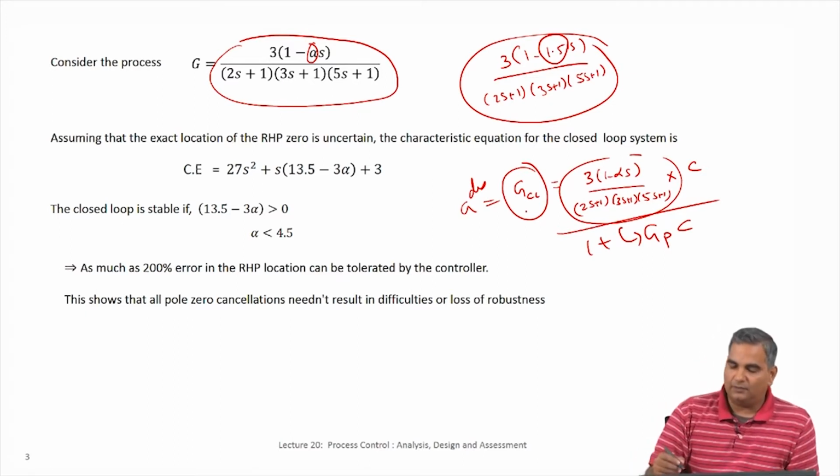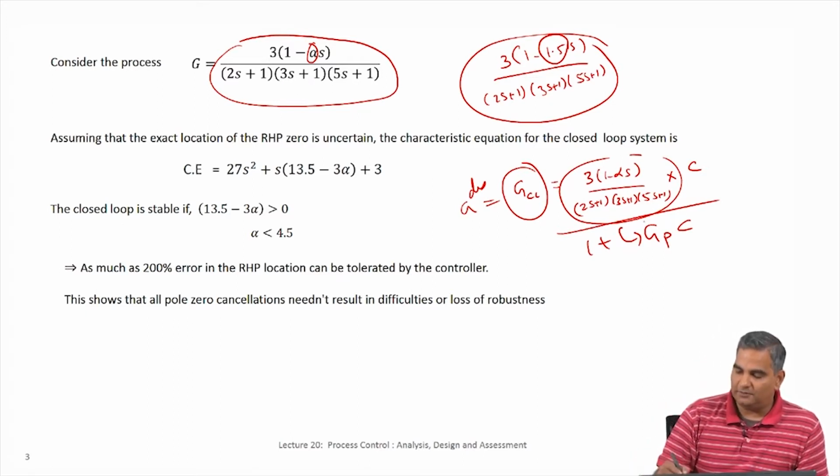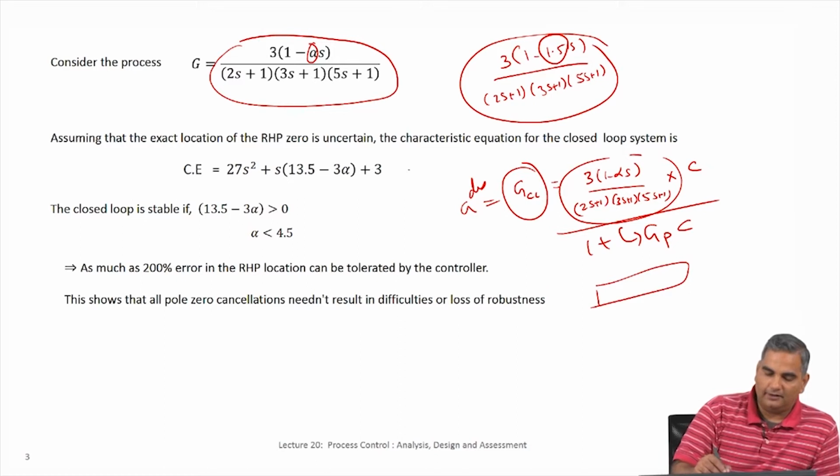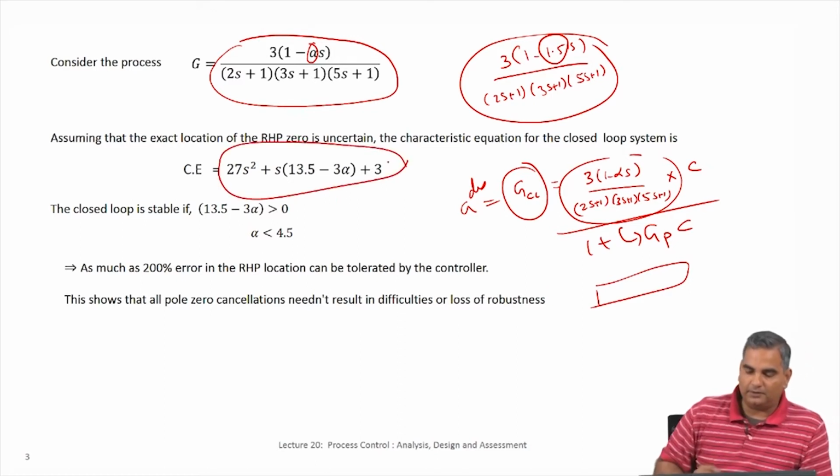So, to check that, what we should do is this G_P C divided by 1 plus G_P C, same thing, you do all this algebra and then you will get the denominator polynomial, and the denominator polynomial will turn out to be this.